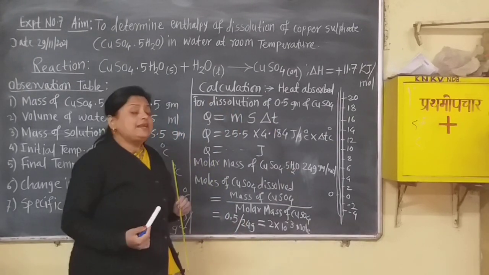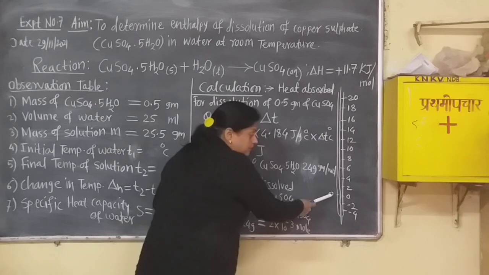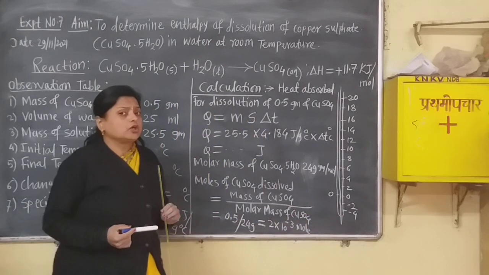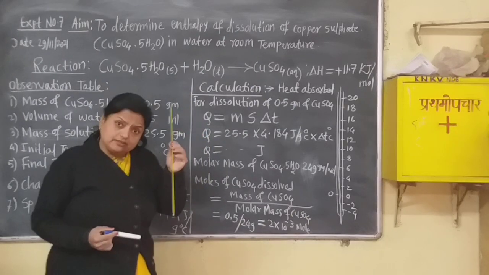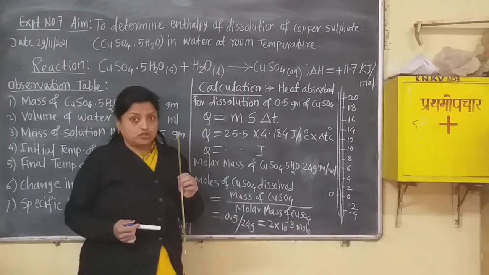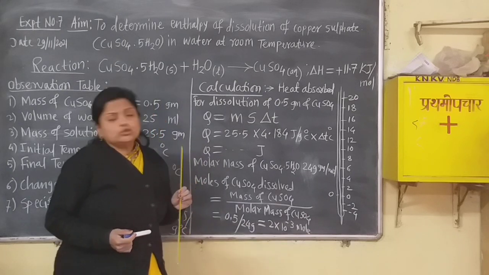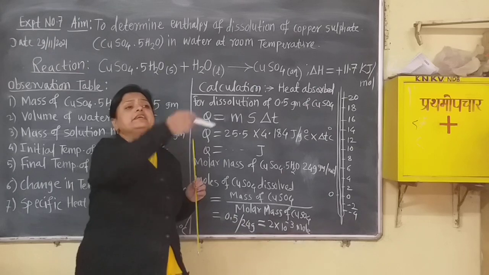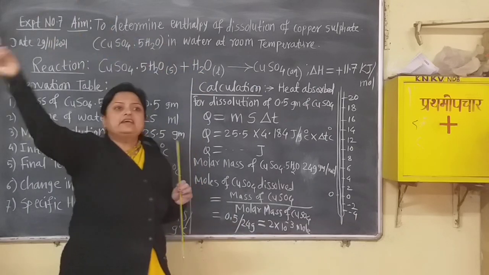And we know that temperatures lower than zero are negative temperatures. So by using this thermometer we can measure the negative temperature also. Now the calibrations are in this way.